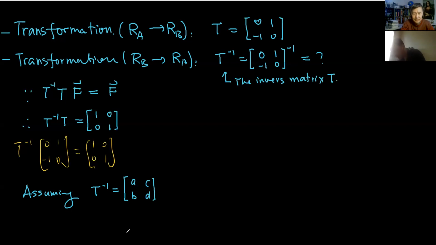Okay, so I think I might actually be able to figure this out. It's A, B, C, D by 0, -1, 1, 0 equals 1, 0, 0, 1.